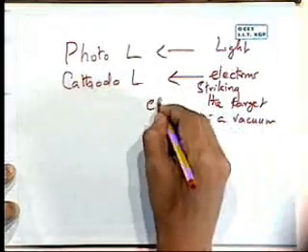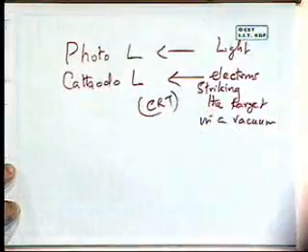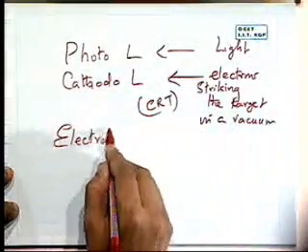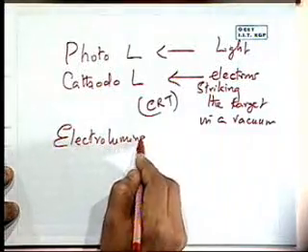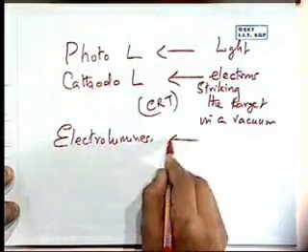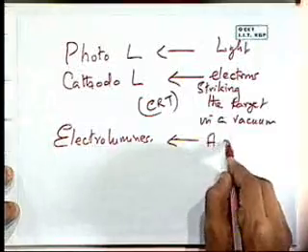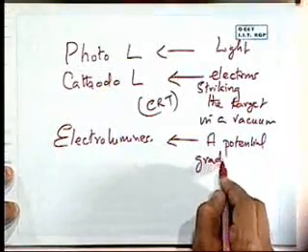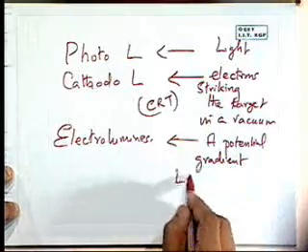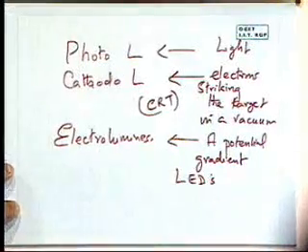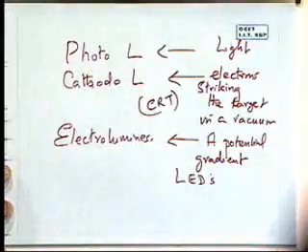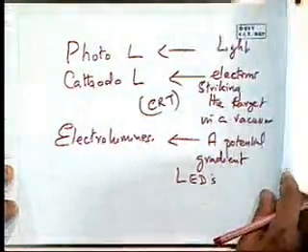Example, your cathode ray tube. Okay? And then we have electroluminescence, when a field, a potential gradient, is used to excite and create the electron hole pairs. Examples are LEDs and so on. Photoluminescence, cathodoluminescence, and electroluminescence, depending on how we have passed on the excitations.